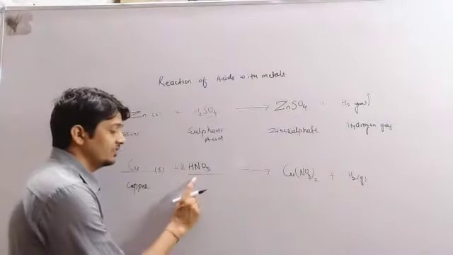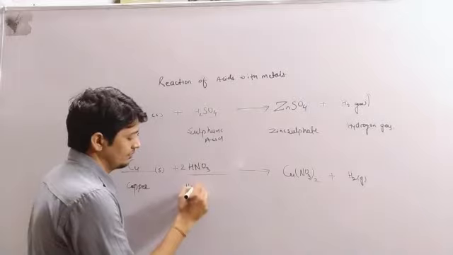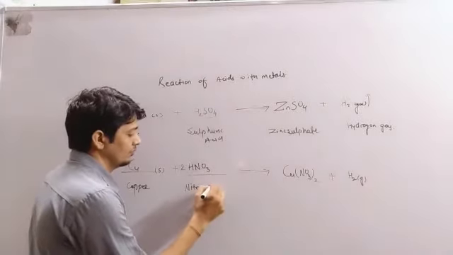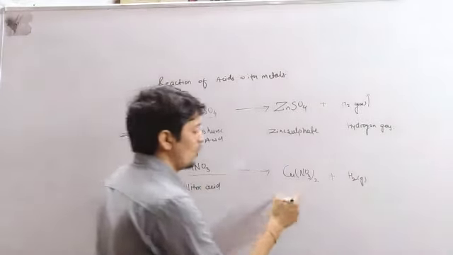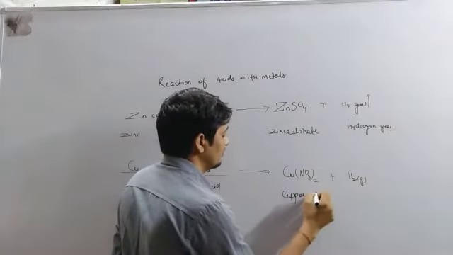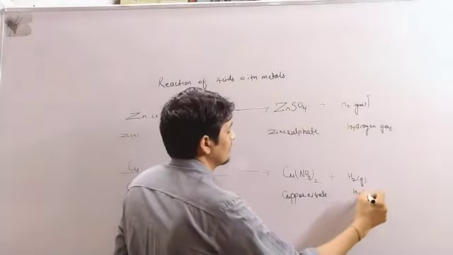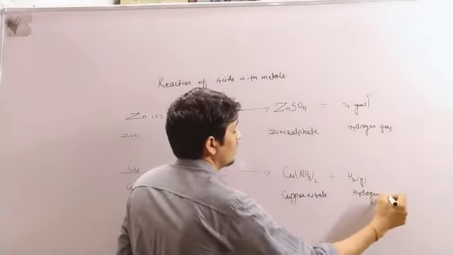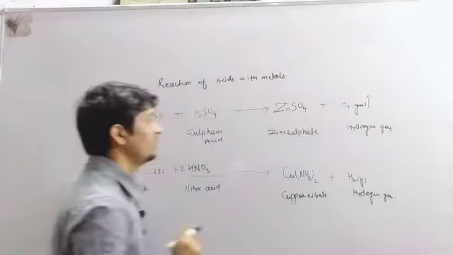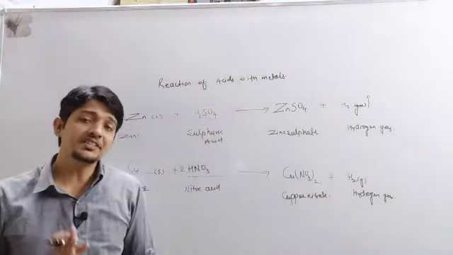Okay, so it is nitric acid, and this is copper nitrate, and hydrogen gas. So here the reaction of acid with metal is completed.